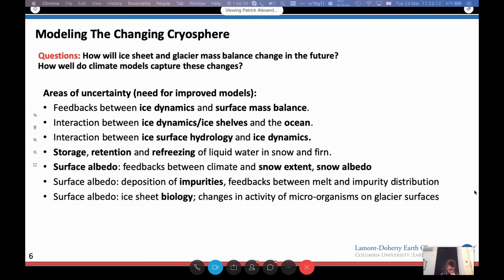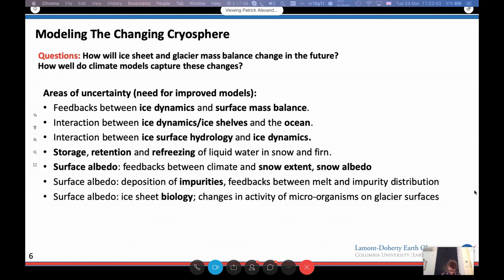And biology is also a new area of research for ice sheets. There's been discovery that microorganisms and algae on the surface of the Greenland ice sheet can cause it to absorb more energy in the glacial areas of the ice sheet.